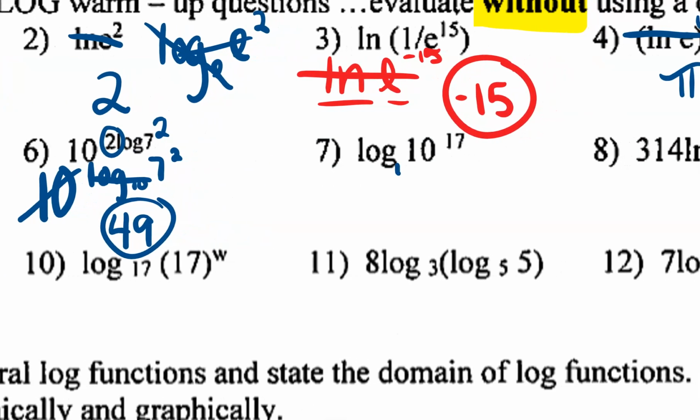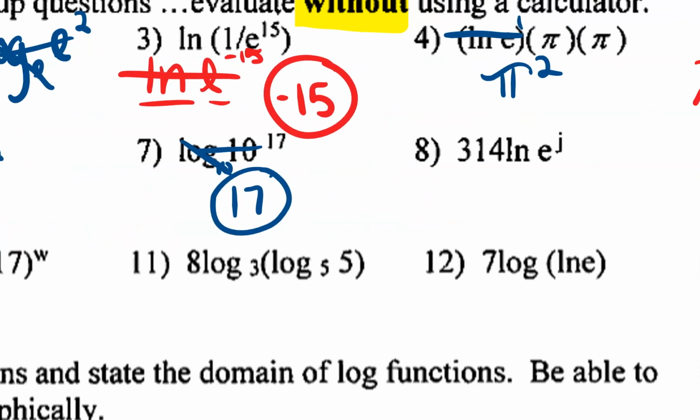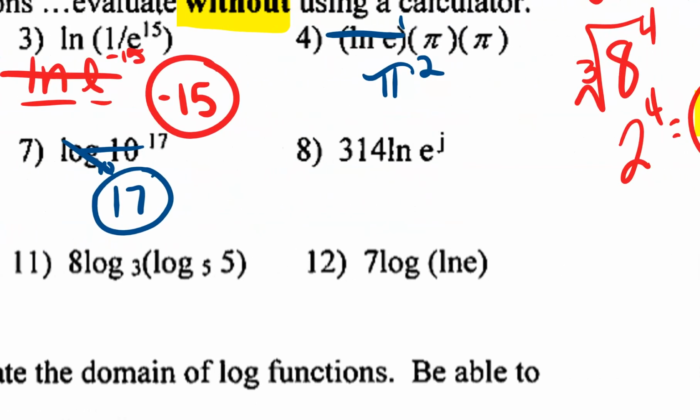If it's not written, we have a base of 10. So the log base 10 and the exponent base 10 cancel. We're left with just 17. All right, log base e and exponent base e cancel.